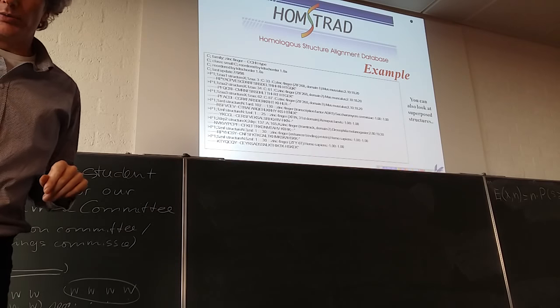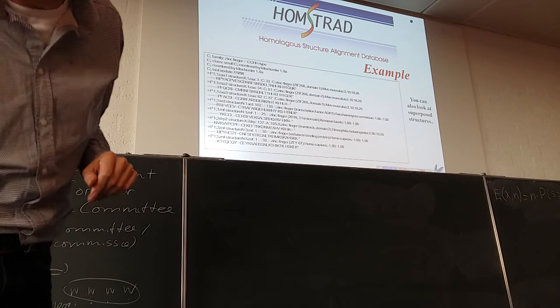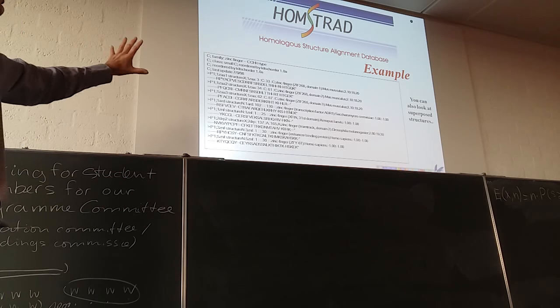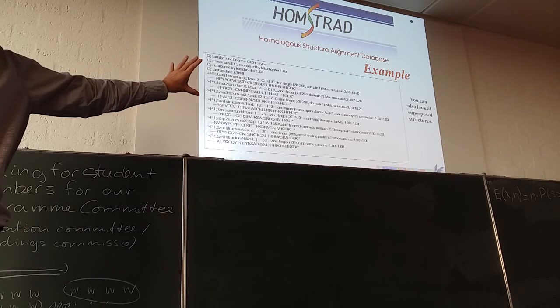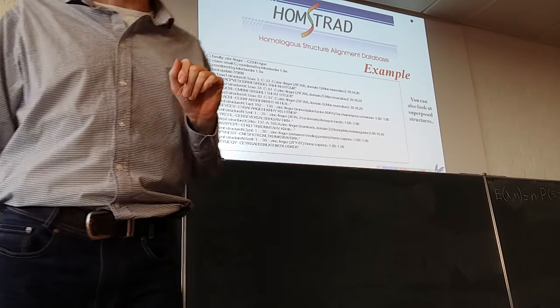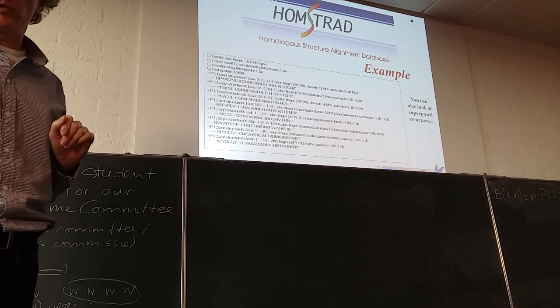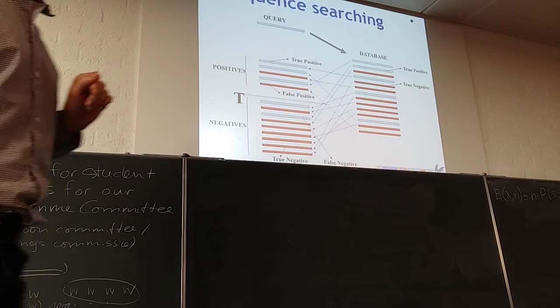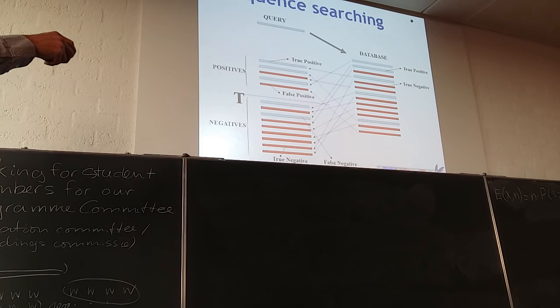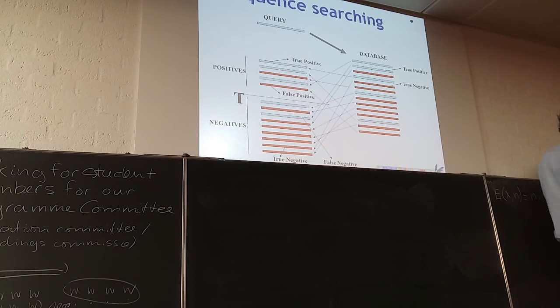Okay, so we're not going to go into all of the details of specific methods, but I just want to give you a recap of how to do the benchmarking. I'm guessing we can do that pretty fast because it's about log plots, right? So now if you do sequence searches, you have your query, you search through your database, and there's basically two types of hits you can get.